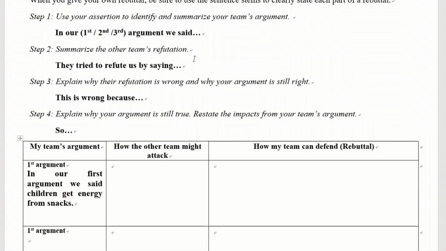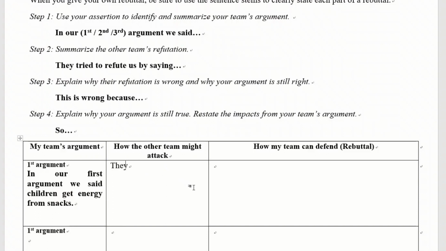All right, step 2, summarize the other team's refutation. So, usually we give you this paper before debate even starts. So, you kind of have to guess, how do you think the other team would attack your argument? Okay? So, if I was pretending to be the other team, this is how I would attack us, right?